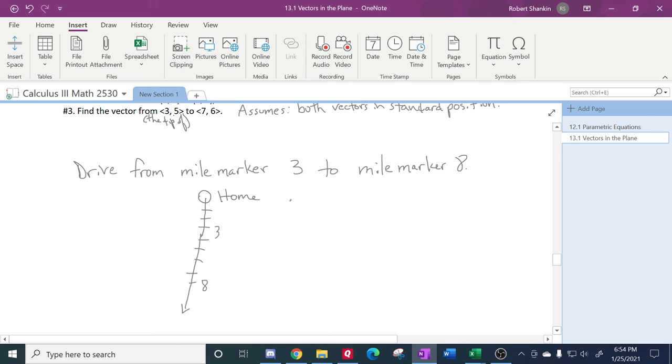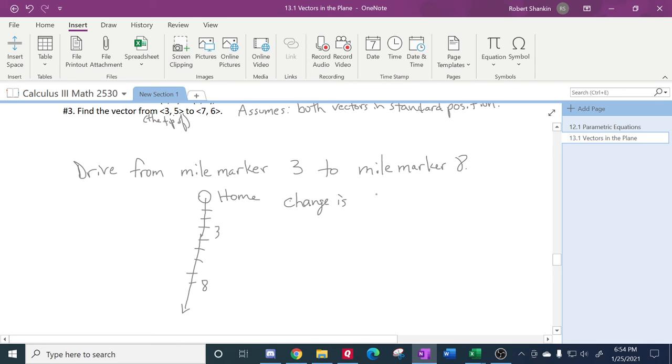Do we say that our change is in the positive direction or in the negative direction? Our change is clearly in the positive direction because 3 went up to 8.